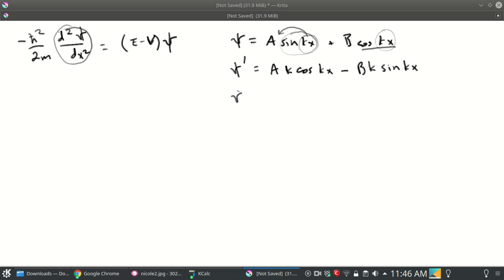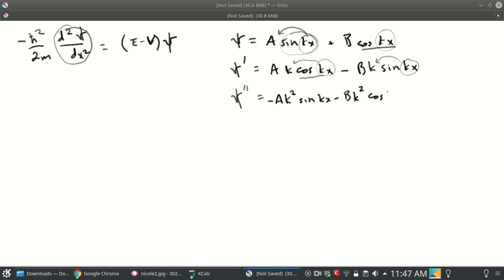What is the second derivative? Well, the second derivative is copy down the constants and then do the chain rule on this again. So that's going to be k squared, but the derivative of cosine is the negative sine. So copy everything down with a negative sign. And now I've got a sine here. The derivative of sine is cosine, but it's the sine of a function, so I've got to do the chain rule again.